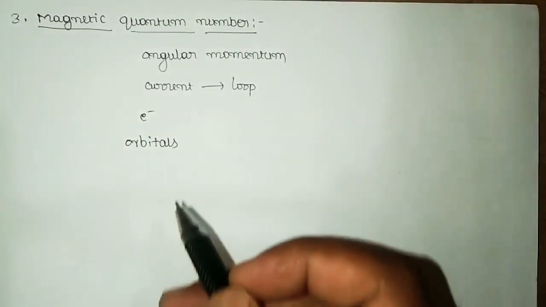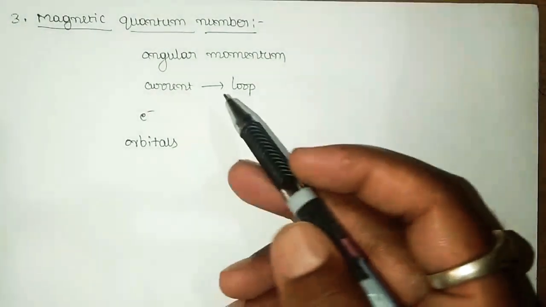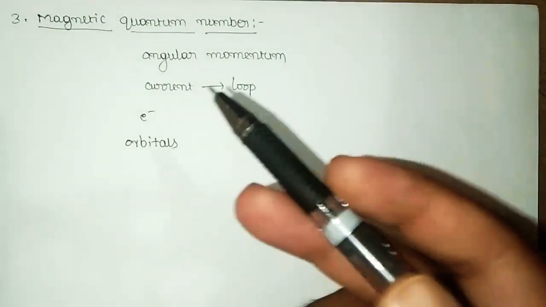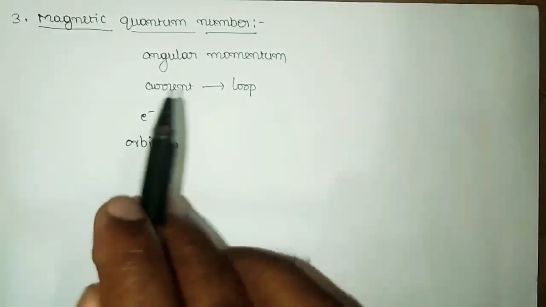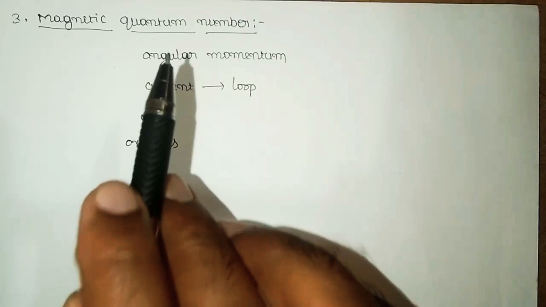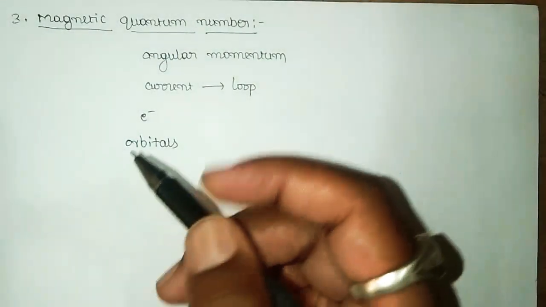And the magnetic quantum number explains the number of orbitals that are present in a given sub-energy level.